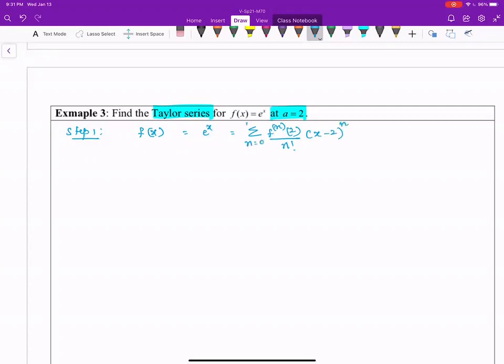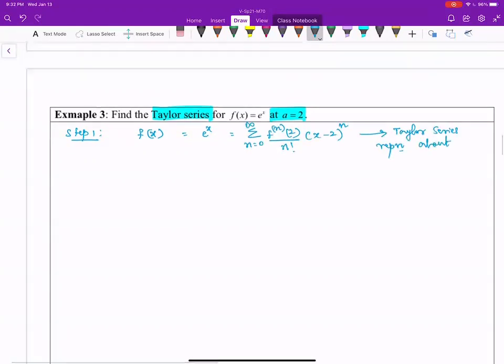This is the Taylor series representation of the function, centered at a equal to 2, or you can say centered at 2. Either way, both are right.